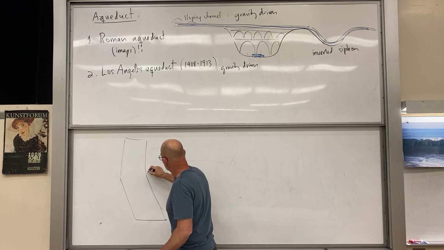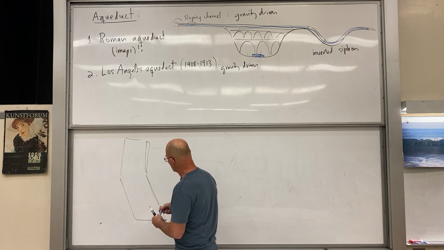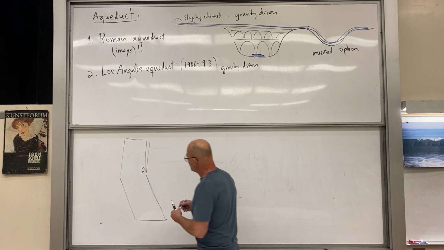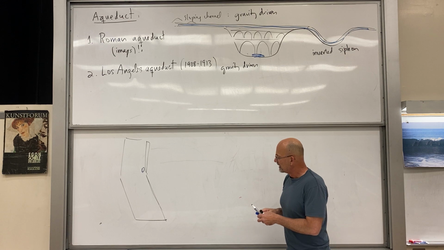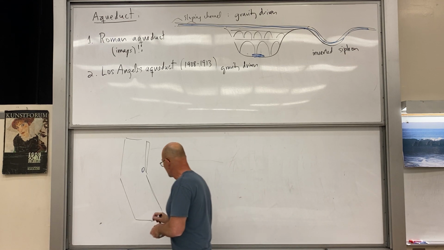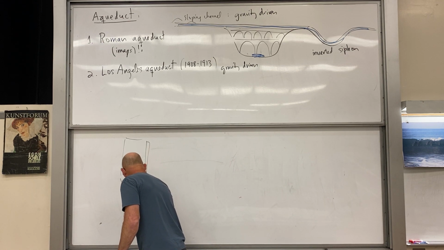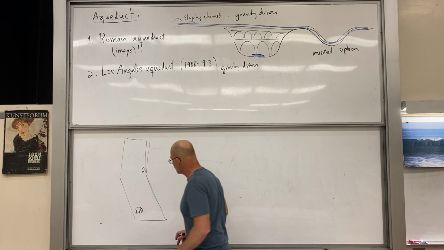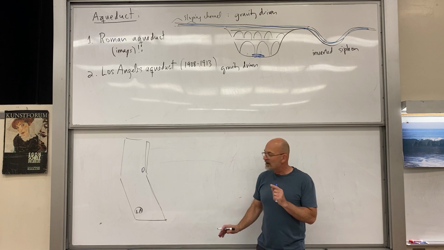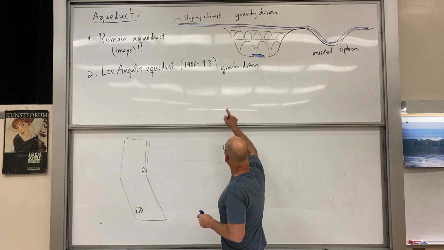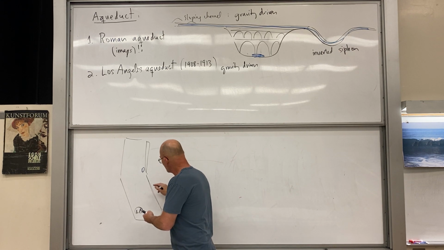Roughly some shape like this. Right here's Lake Tahoe. LA would be down here in my picture. Growing city, not that much water. So in 1908, they bought up a bunch of land.